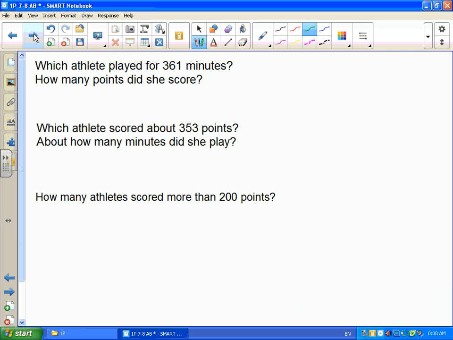So which athlete played for 361 minutes? It was point I, which, if we look at that table, tells us that the athlete's name was Fred. And how many points did she score? She scored about 80 points. We don't know exactly how many because we have to estimate off the graph.